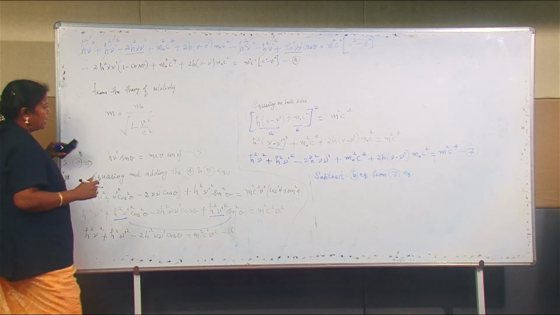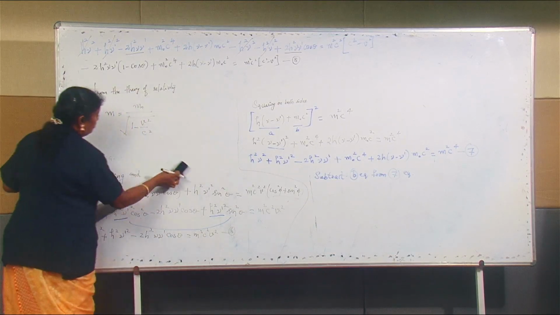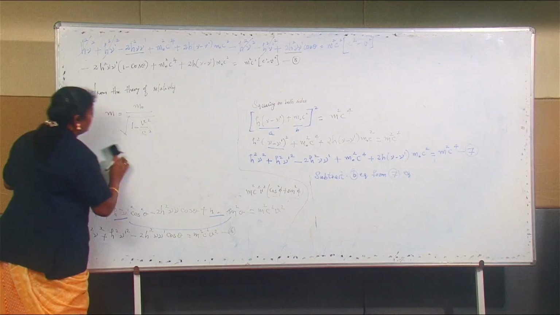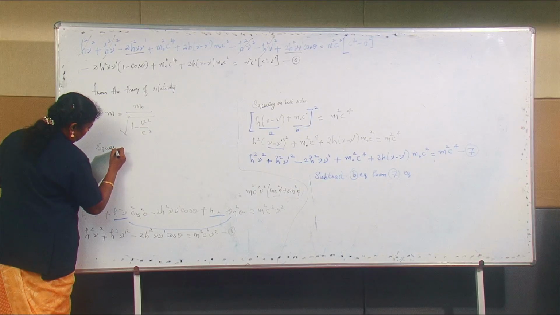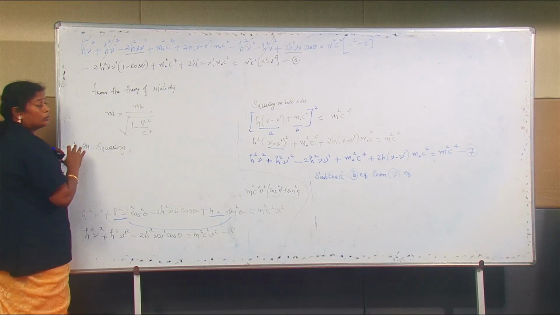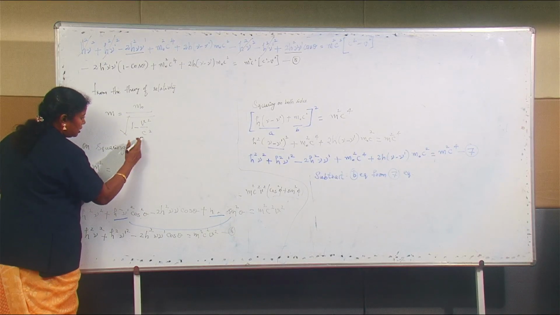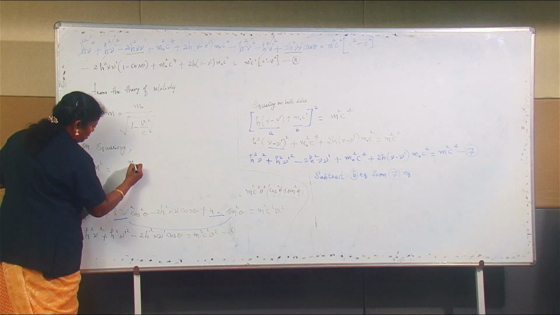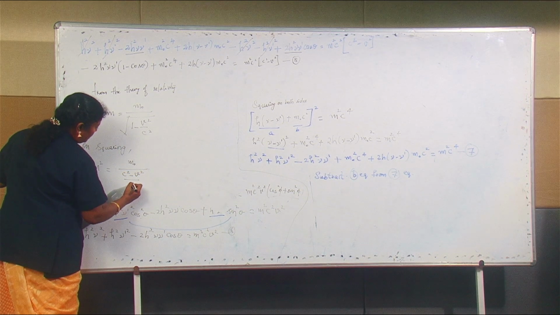Squaring on both sides, m will be changed into m squared and the root will be cancelled. Taking the common LCM, we get m naught by c squared minus v squared by c squared.